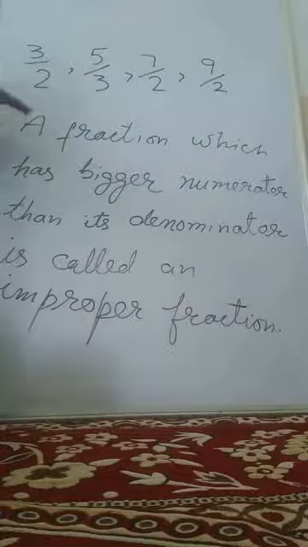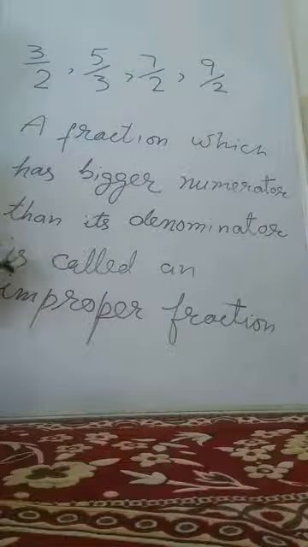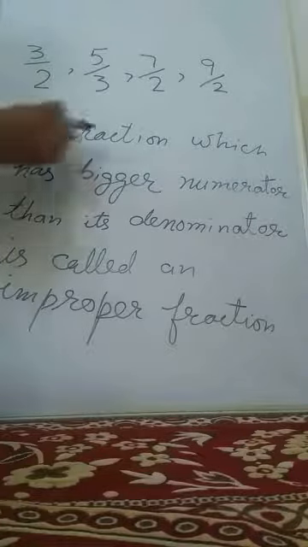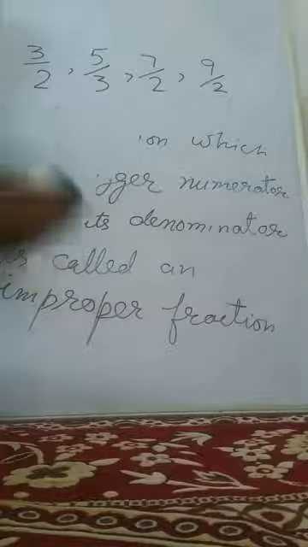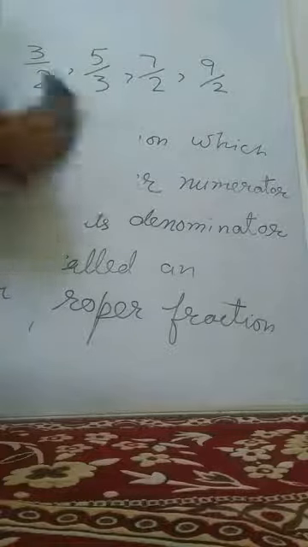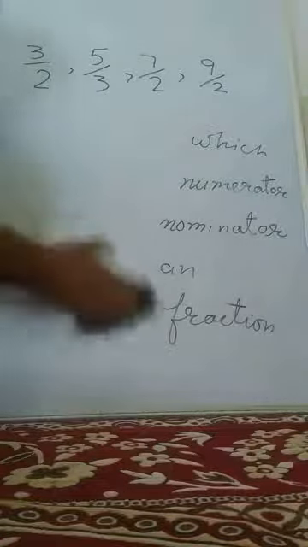Dear students, a fraction which has bigger numerator than its denominator is called an improper fraction. These fractions are improper fractions because they have bigger numerators than their denominators.